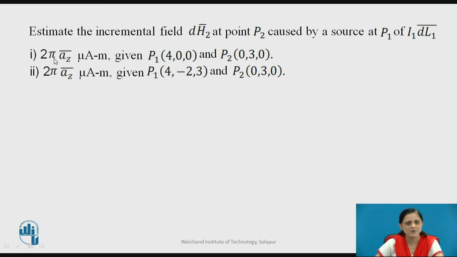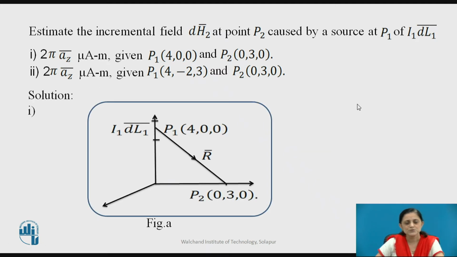The first point P1 is (4, 0, 0) with I1 dl1 bar equal to 2 pi a bar z microampere meter, and the P2 point is (0, 3, 0). In the second case, we have to find dH2 bar at the point P2, that is (0, 3, 0), with P1 now different. P1 is given as (4, -2, 3), with the same differential current filament 2 pi a bar z, and the unit is microampere meter.